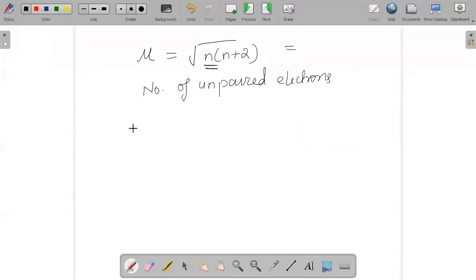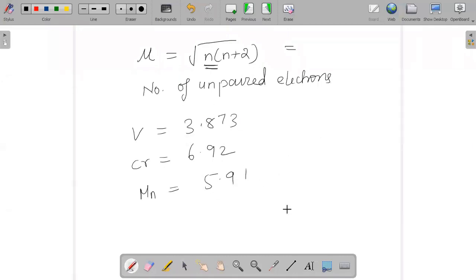And when you calculate, we will have 3.873 as their magnetic moment, Cr gets 6.92, and your next option is Mn, that will take up the value 5.91 respectively.